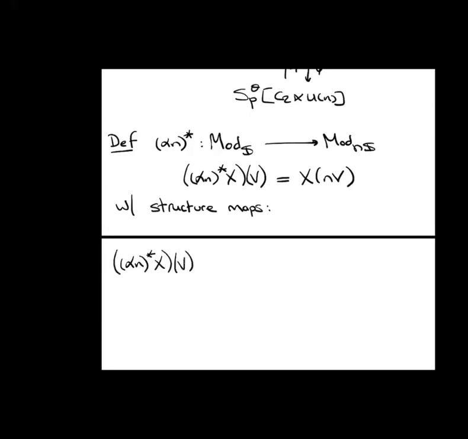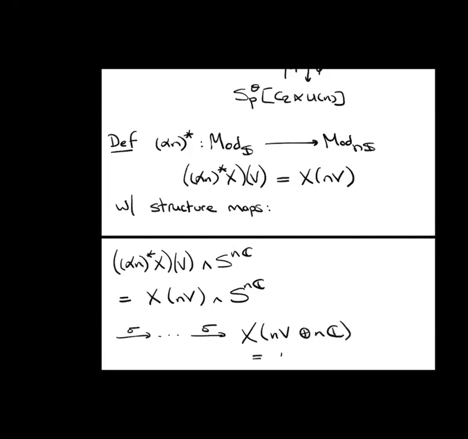This at V smash S^(nC), you read it out, you get X at nV smash S^(nC). And then you just use the structure map of X as a module over the sphere, and you get X at nV plus nC, which is exactly what you wanted.